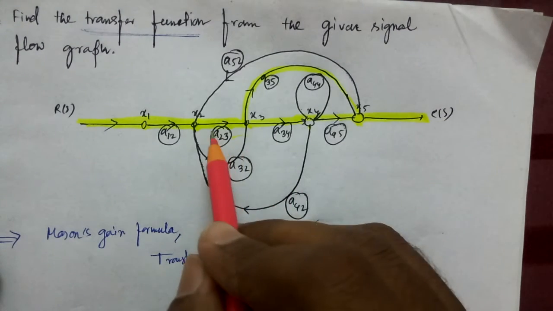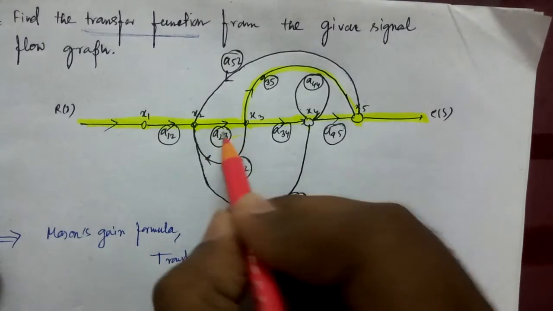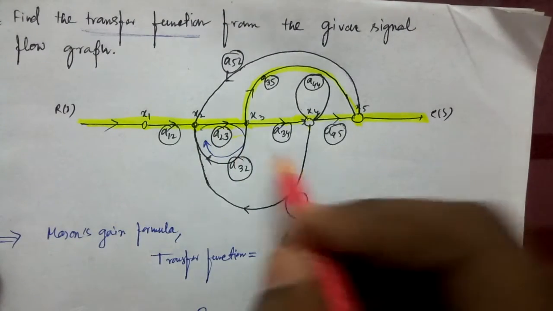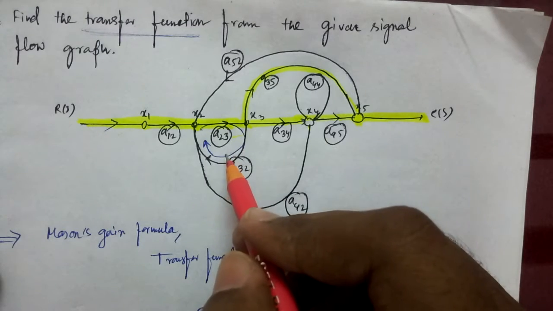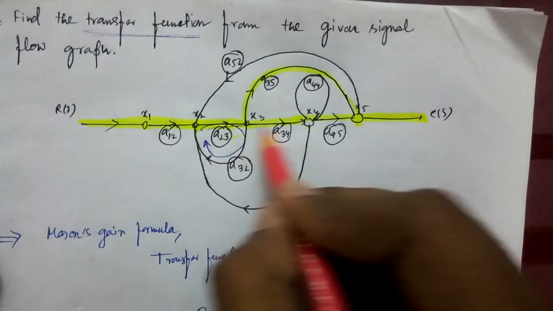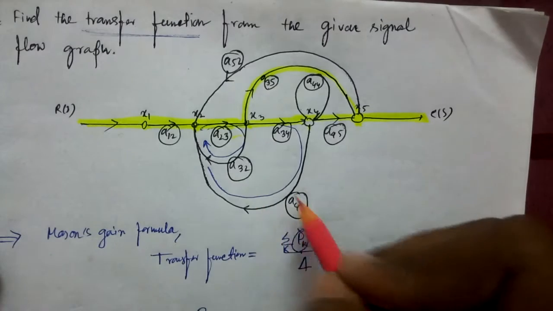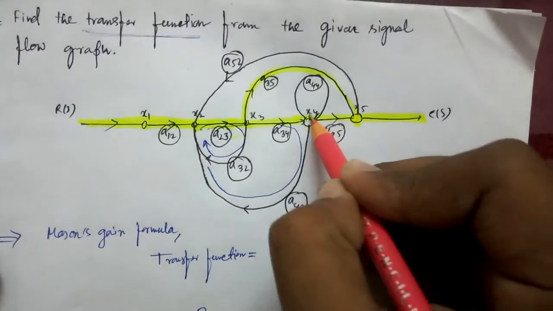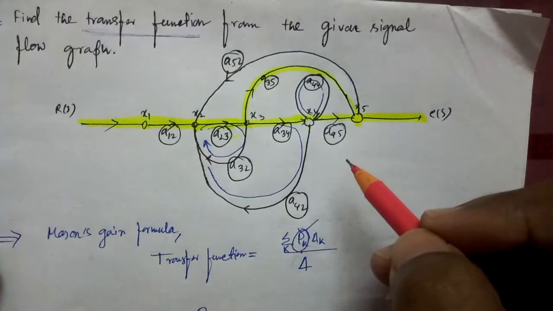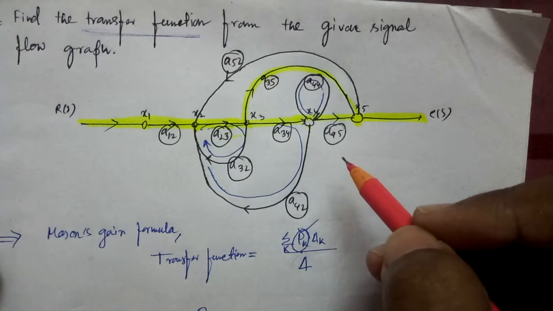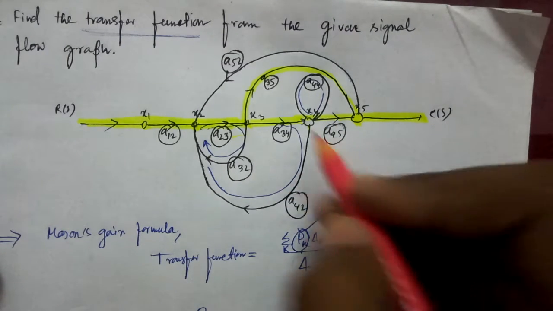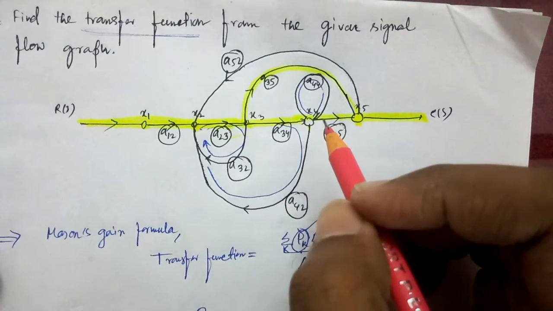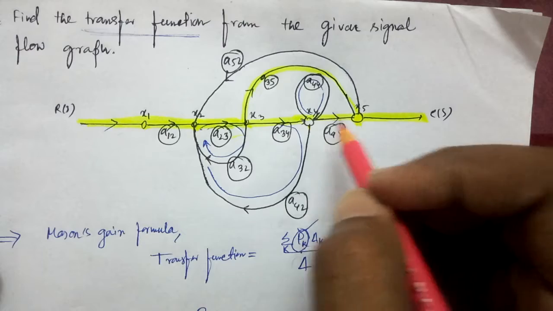So we can see that here this path forms a loop, that is, this is the first loop, this is the second loop, this is the third loop, and here two more loops, they are here.